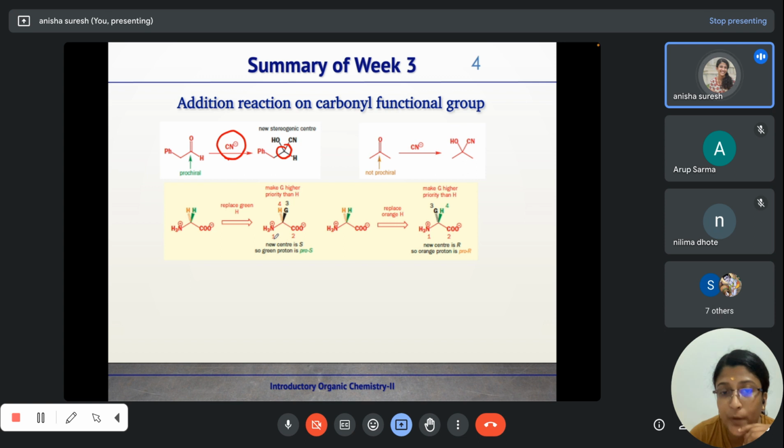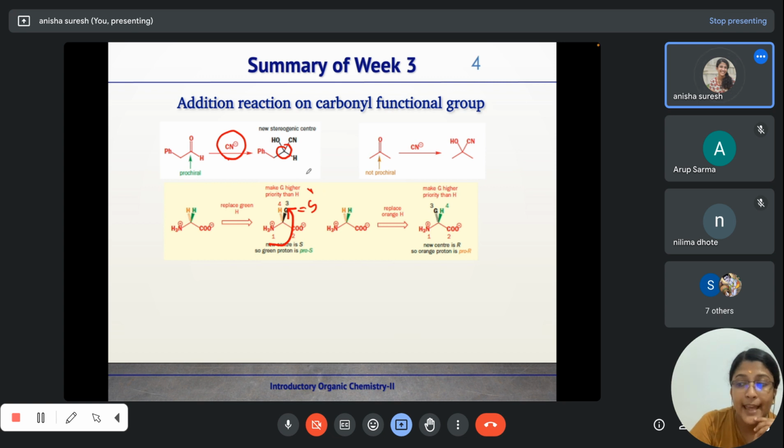It is anti-clockwise rotation, right? 1, 2, 3. So this new center is referred to as S. So this green proton is referred to as Pro-S. This replacement of this green proton is resulting in a compound having S chirality.